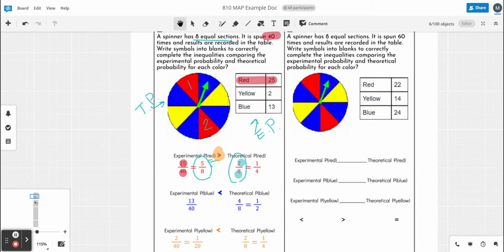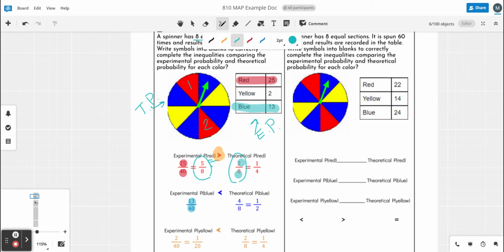Then you do the same with blue. In the experimental table, blue is spun 13 times out of 40. So our fraction is 13 over 40.